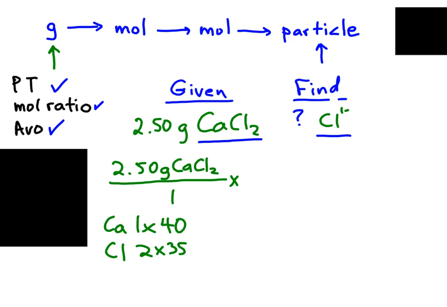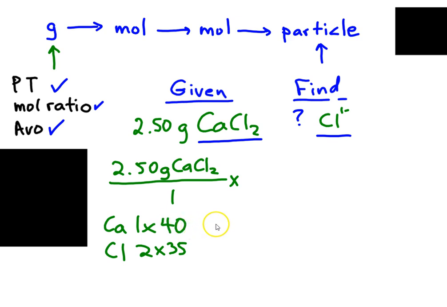Okay, so what we realized is that our first step is going to have to be a periodic table job. So I started the molar mass thing down here. And so I said, we got 1 calcium in this molecule, and that's multiplied by 40 because that's the molar mass of calcium on the periodic table.